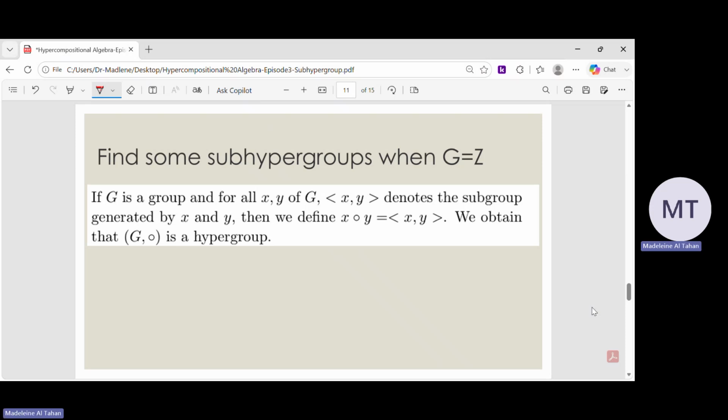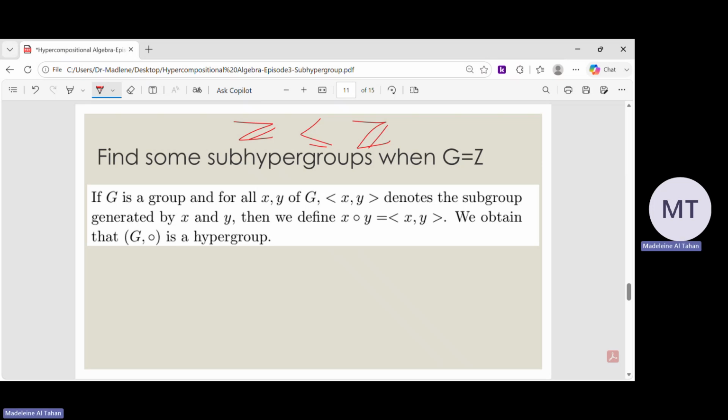Our aim is to find some subhypergroups when G is equal to Z. Trivially, Z will be a subhypergroup of Z. Our aim is to find other ones that are not trivial.